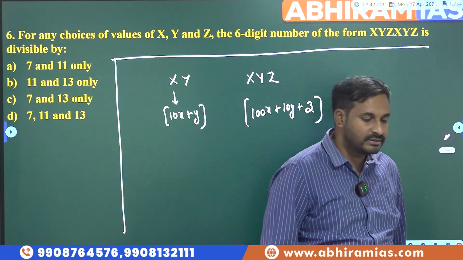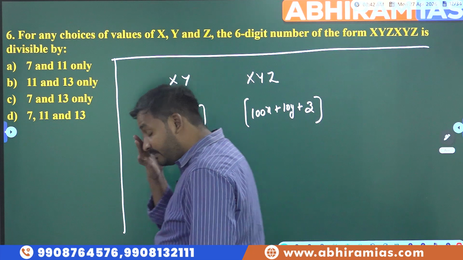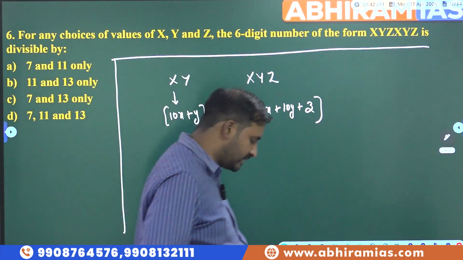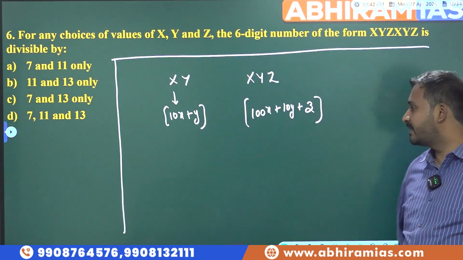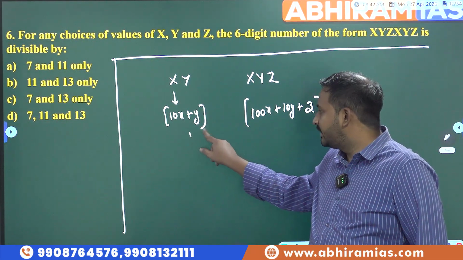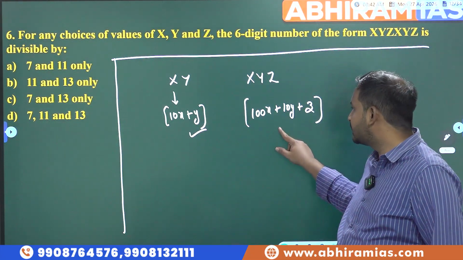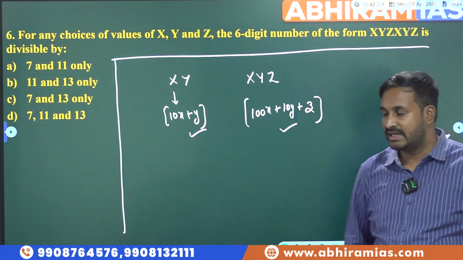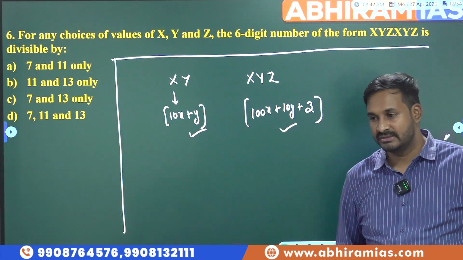But when we perform any mathematical operation, we should expand them as 10x plus y and 100x plus 10y plus z respectively.